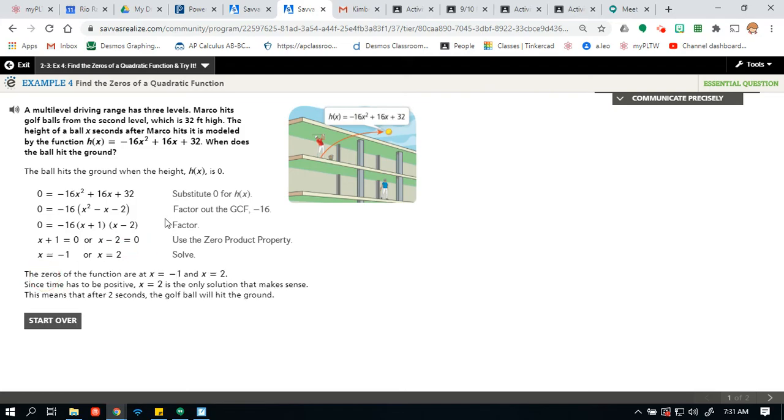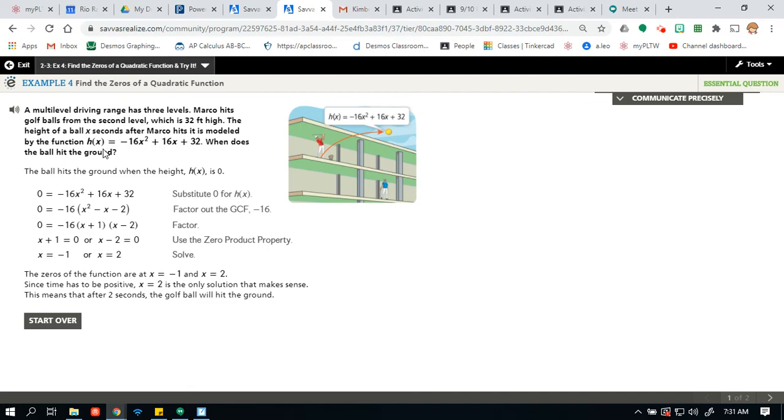We get x equals negative 1 or 2. And now we have to figure out what is 2 in? Is 2 in time? Is 2 in feet? Well, let's read the problem. The multi-level driving range has 3 levels. Marco hits golf balls from the second level, which is 32 feet high. The height of the ball x seconds after Marco hits it is modeled by the function.